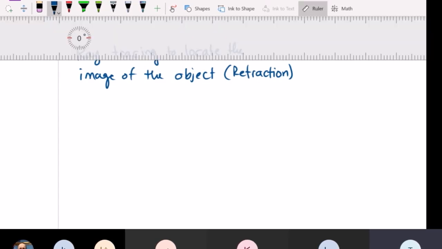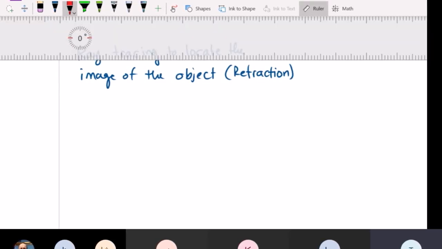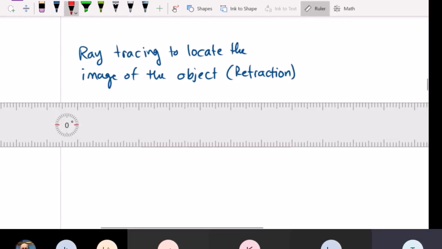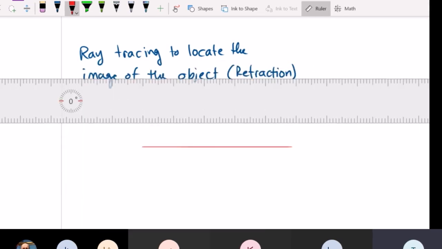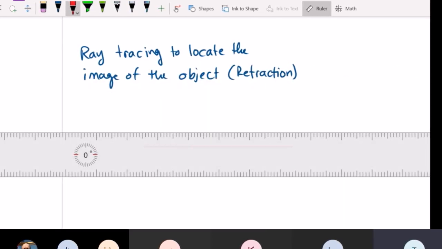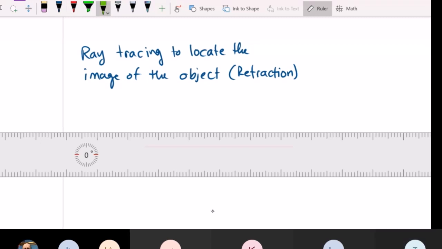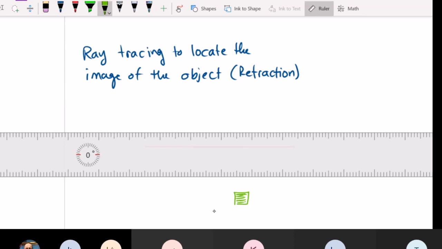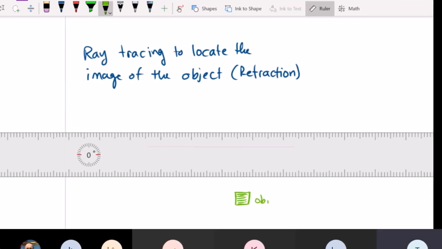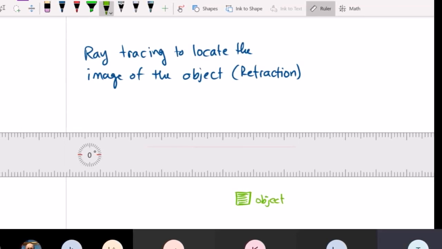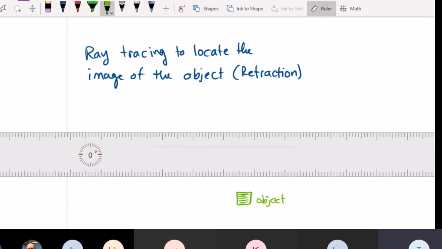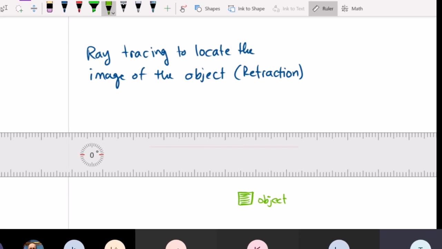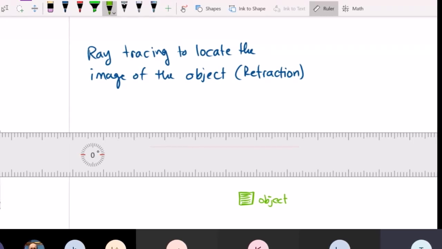If I have an object like this, let's say this is a water surface. Let's say here we may have an object in this position. This is the object, and we want to locate the possible position for the image.